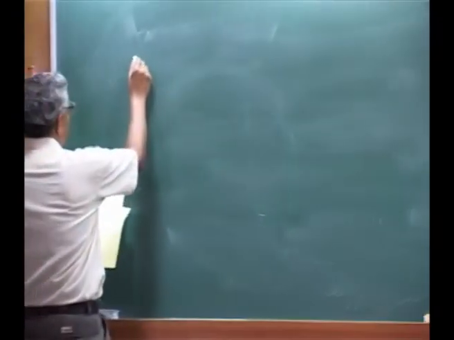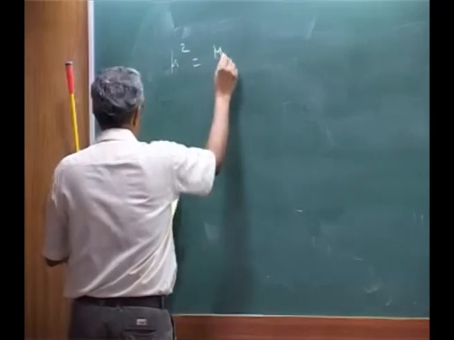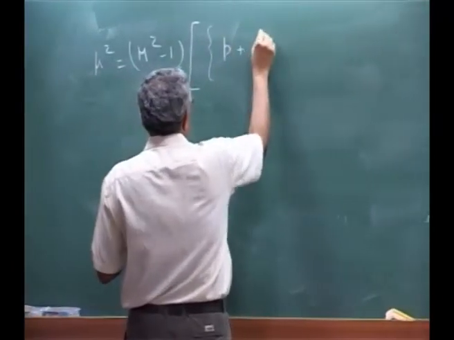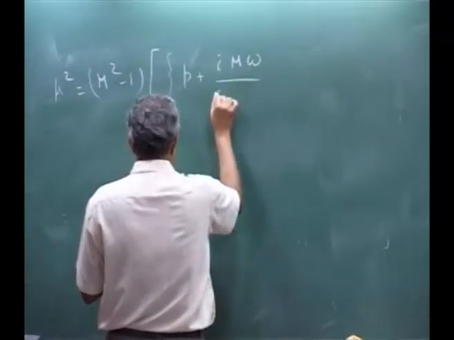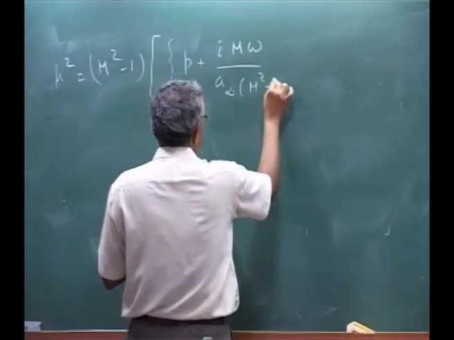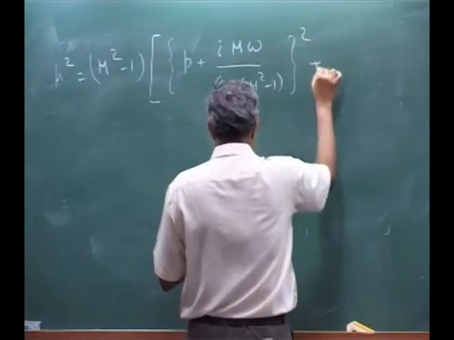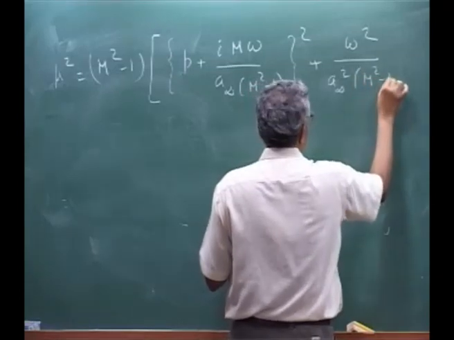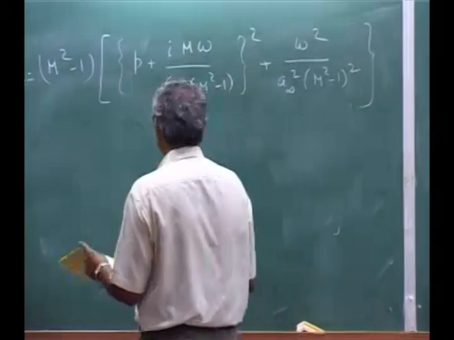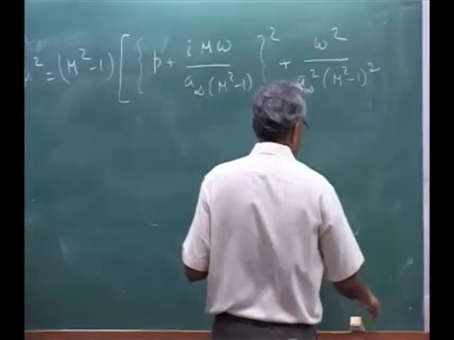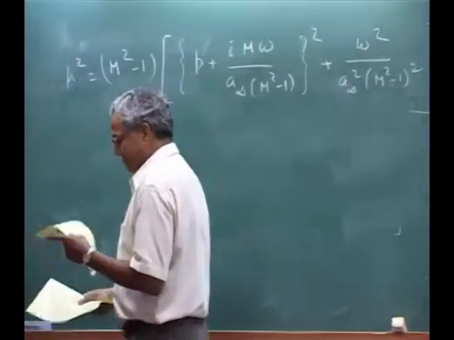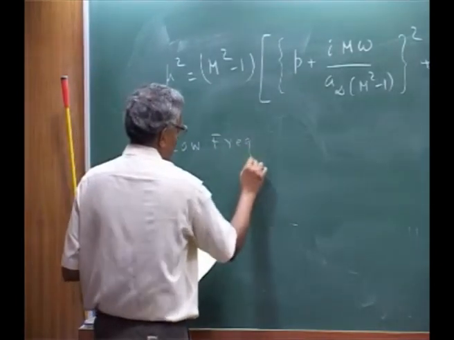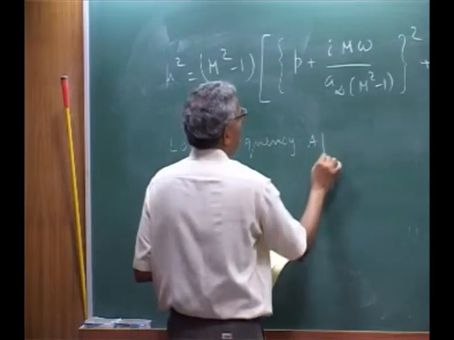Because we wrote mu square is m square minus 1 p plus I m omega over a infinity m square minus 1 whole square plus... Let us say I want to do a low frequency approximation.